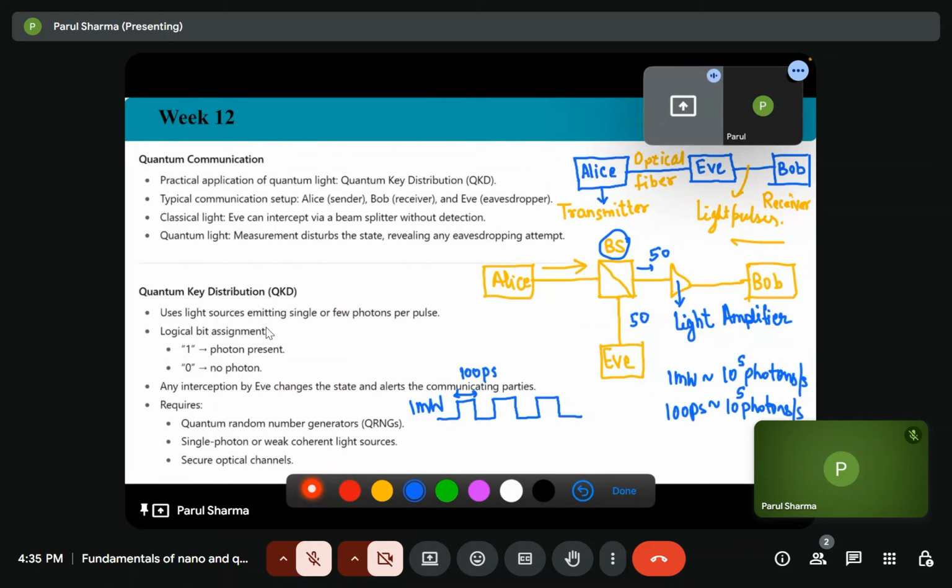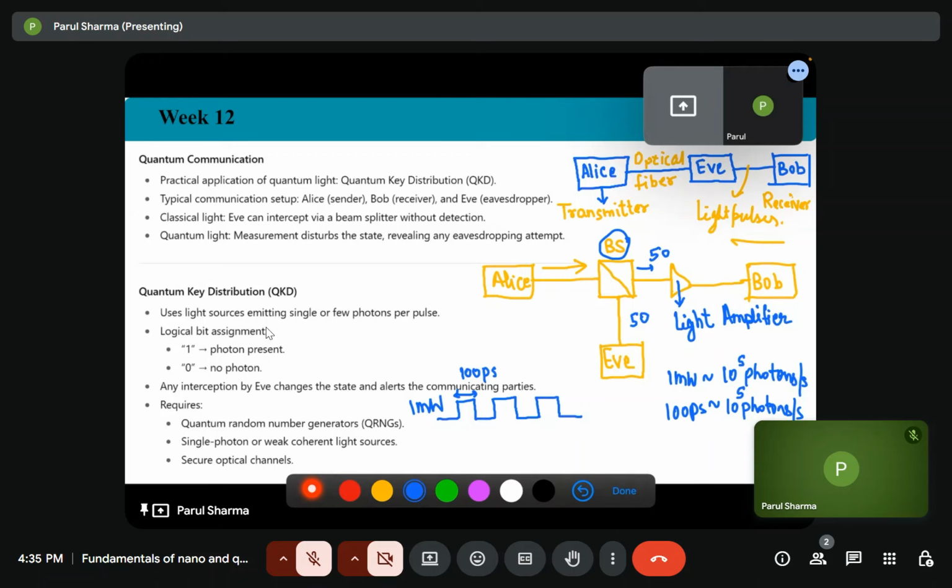So what is this? We will attenuate this pulse by using the attenuators, by using the beam filter, so that the transmitted photon will be lesser.